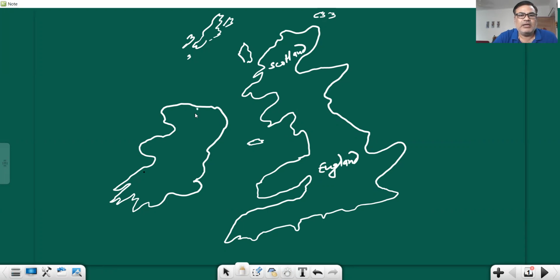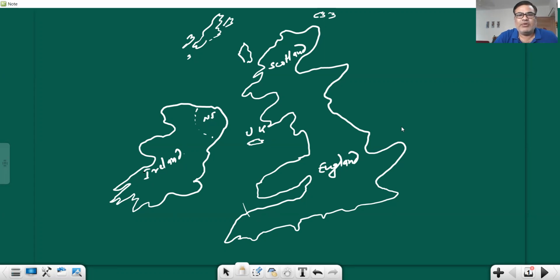This is called Northern Ireland, and this is called Ireland. This is called the UK, or the United Kingdom. I hope this is very clear, and it is also mentioned in your NCERT class 7th. When we talk about the United Kingdom, this entire part is included in it.